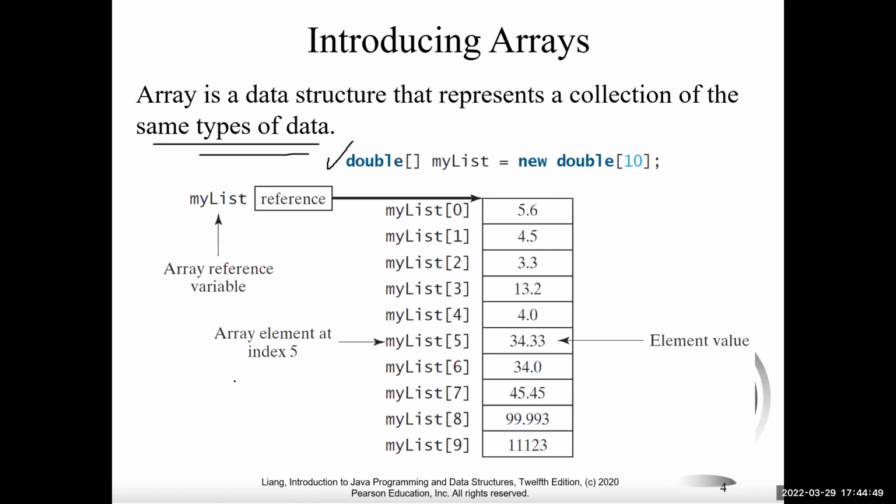You need to keep in mind, we have a reference name and we have an index. To access any element, we need to use both of these parts, the reference name and the index.